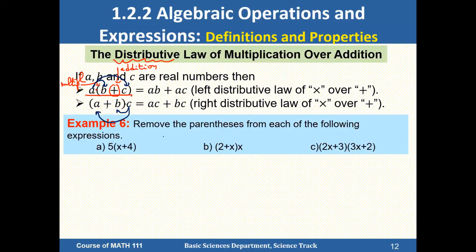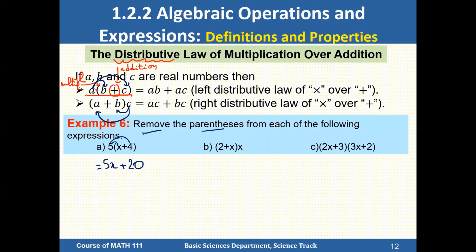So as an application, example 6, remove أحذف the parentheses الأقواس from each of the following algebraic expression. So here we have a multiplication 5 times x plus 4. To remove parentheses, we distribute. So 5 times x gives 5x, and 5 times 4 gives plus 20. And we have no more parentheses.